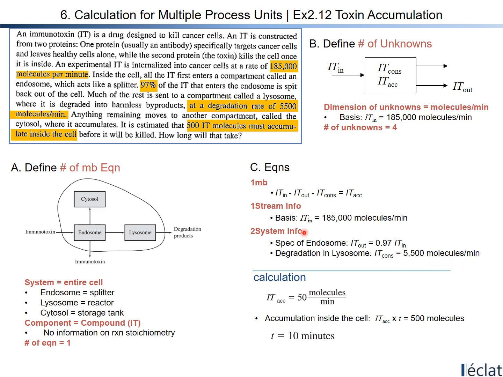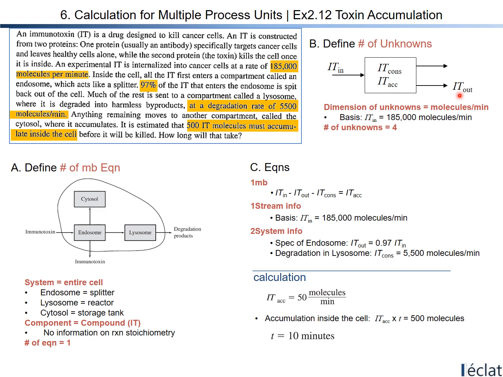So we have 3 more pieces of additional information. Then the total number of unknowns is 4, and the total number of equations or restrictions is 4. So you could calculate the system. After the calculation, you would have the information about IT consumption, IT accumulation, and also IT output.